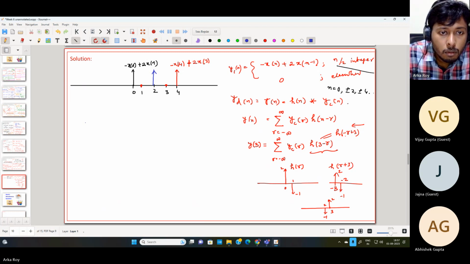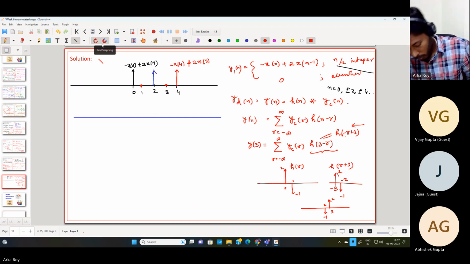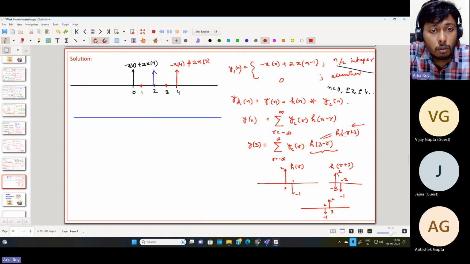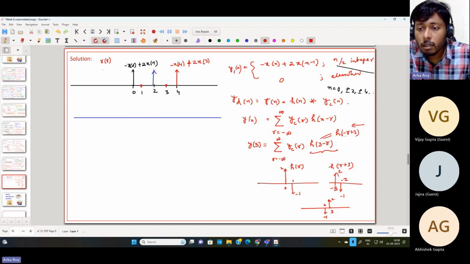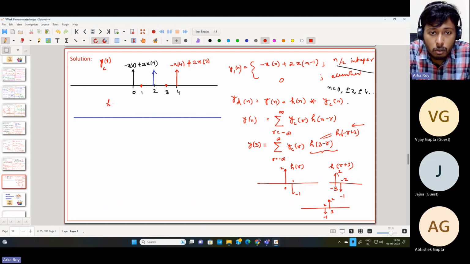So this is what x[r] looks like, or particularly yc[r] looks like. This is yc[r], and we need to plot h of 3 minus r.